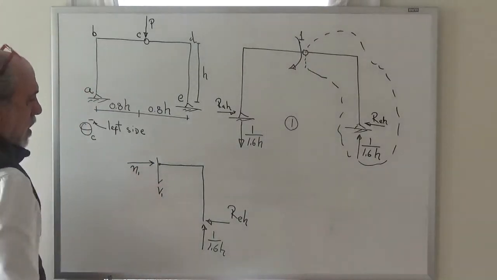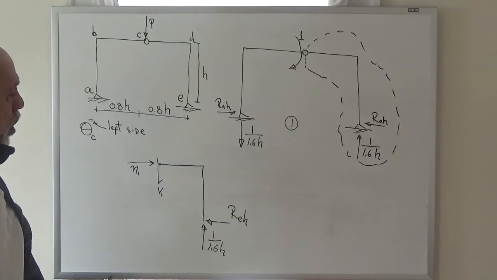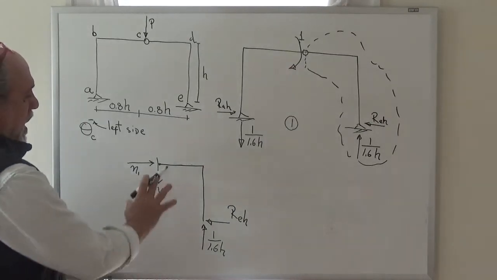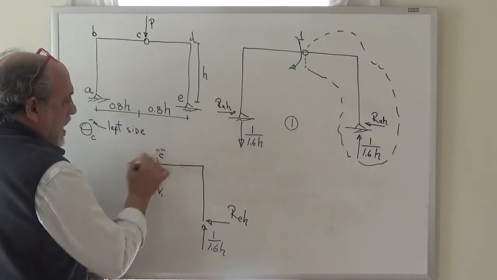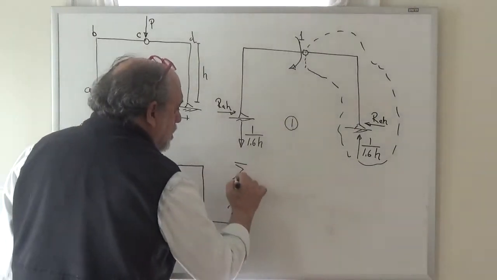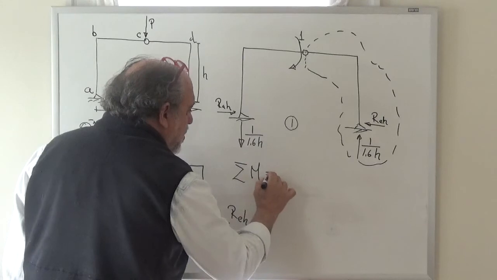But on this diagram, I do not have the 1 included, and from this free body I can say summing moments about C equal to 0.